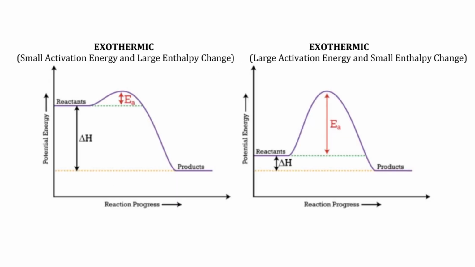Looking at these really quick, this is just demonstrating the delta H and energy of activation for the different types of reactions, exothermic versus endothermic. So be able to recognize and label those. You may also see the energy of activation for the reverse reaction, and I'll talk about that in a specific example later on.